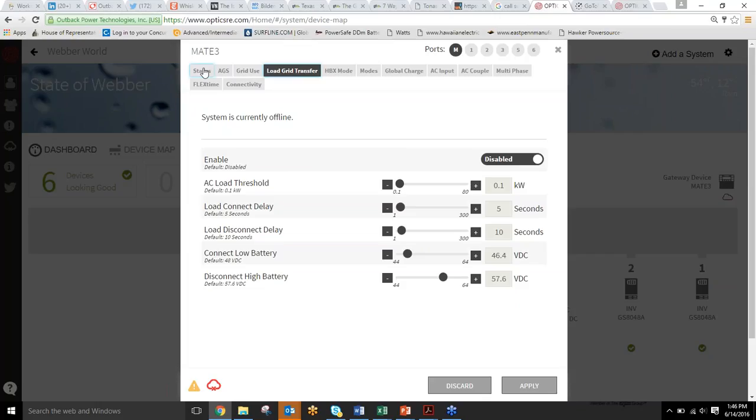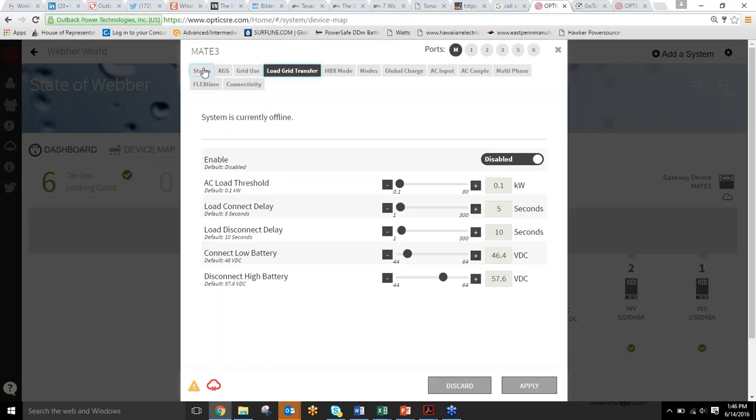A couple other things in here. With the FNDC in the system and multiple arrays, like we were talking about, you will also be able to set your charge controllers to have a global charge control, so they will all switch which charge cycle they are in at the same time. If they're not set up that way, they will each go through their own bulk charge. When they hit the target, they will start the countdown for absorb.